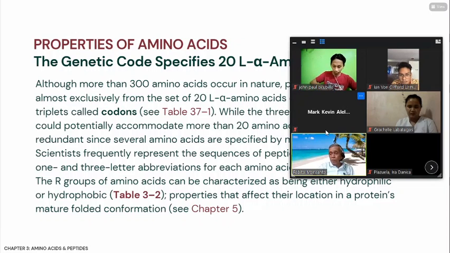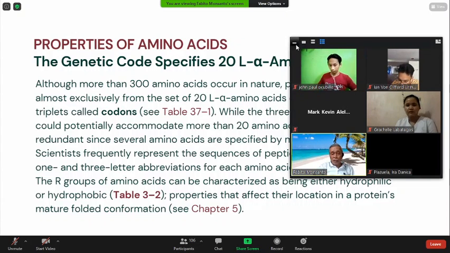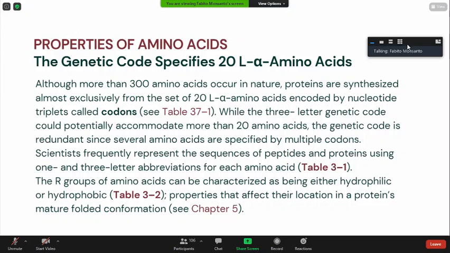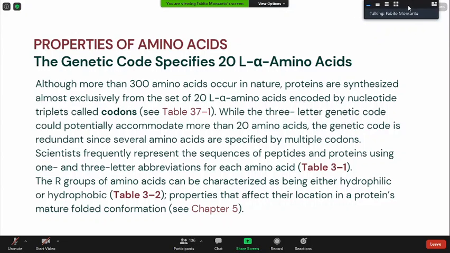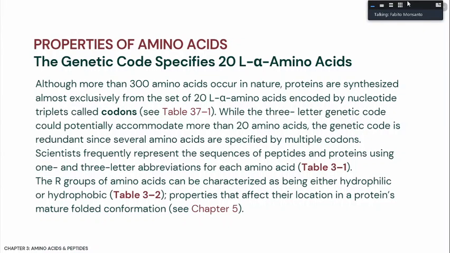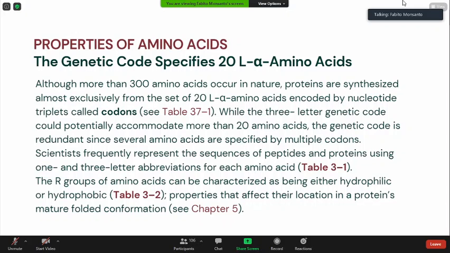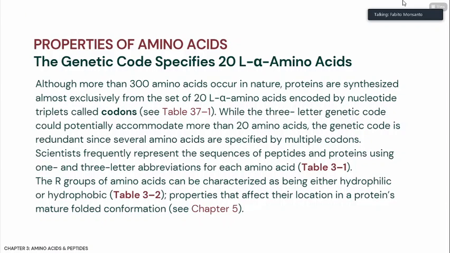So amino acids, as you can see, there are 300 or more which occur in nature. But we only need 20 of those amino acids to be used by our cells to form proteins. So you can see this at table 37-1, where the amino acids have different codons.